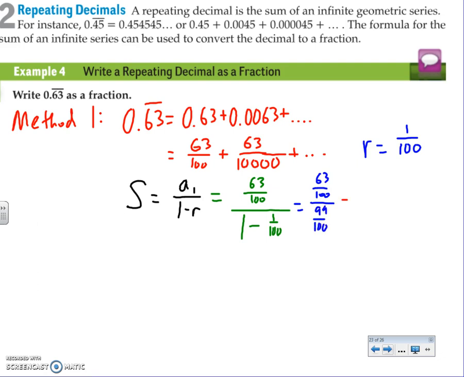So this turns into 63 over 100 divided by 99 over 100, which I can fix to multiplication: 63 over 100 times 100 over 99. This cancels out. 63 over 99 does reduce. I divide top and bottom by 3 and get 21 over 33. That reduces some more, so 7 over 11.